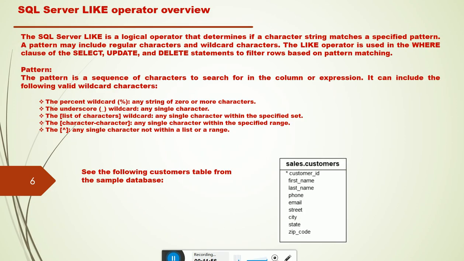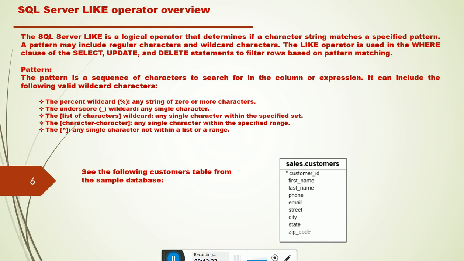SQL Server like operator overview. A SQL Server like is a logical operator that determines if a character string matches a specified pattern. It means if you want to retrieve information on the basis of a pattern match.